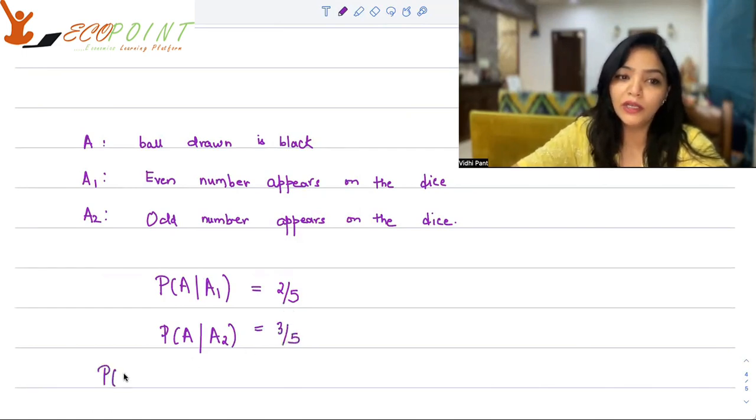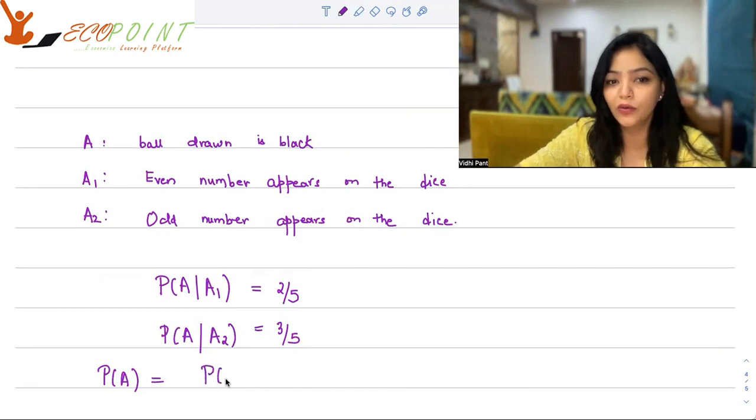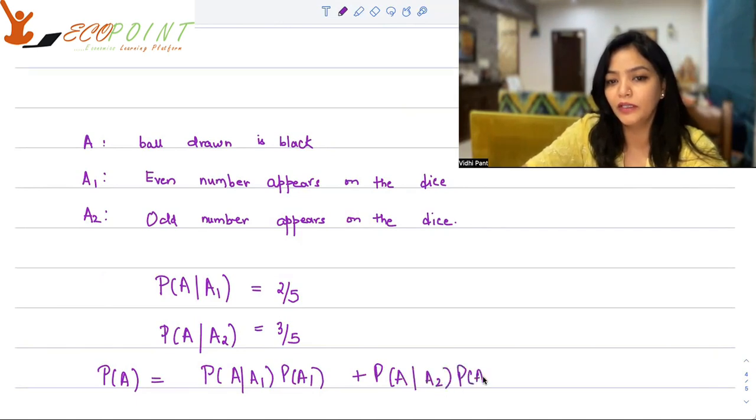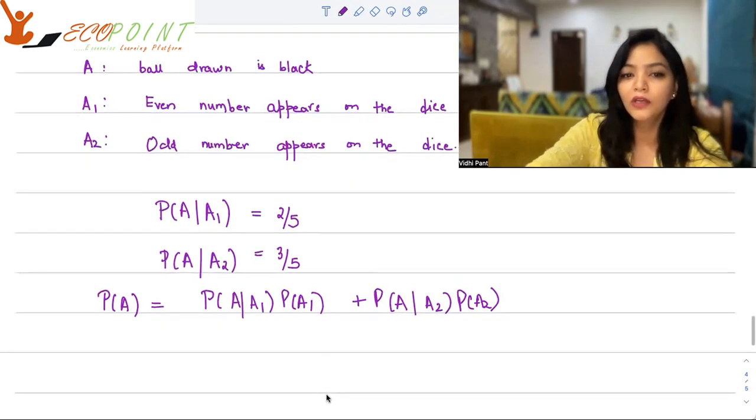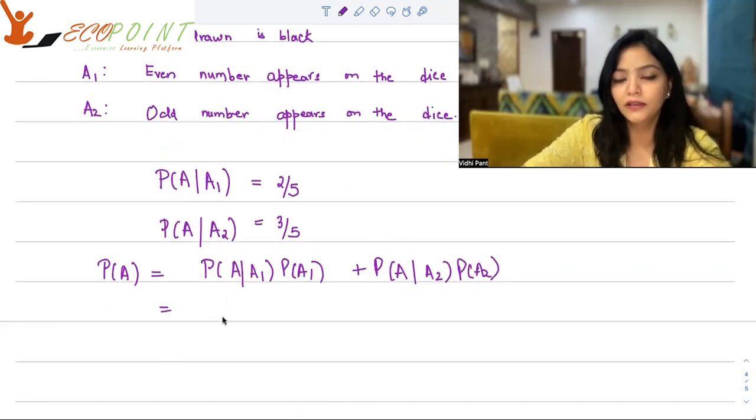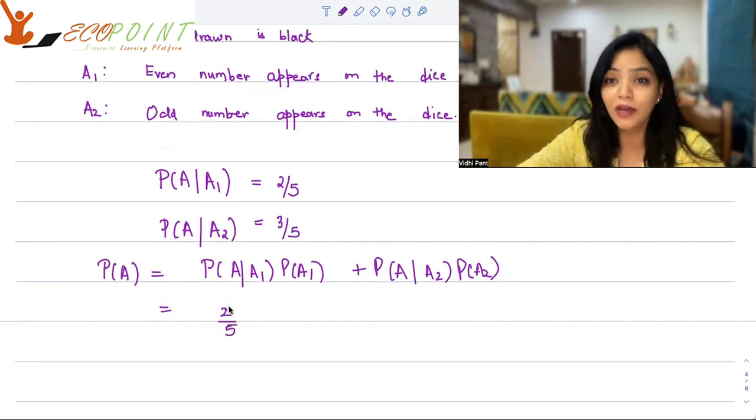So in total, what is the probability of drawing the black ball? That's going to be probability of the ball being black given A1 into probability A1, plus probability of black given A2 into probability A2. So that's going to be 2 by 5. Now, what is the probability that you get an even number?